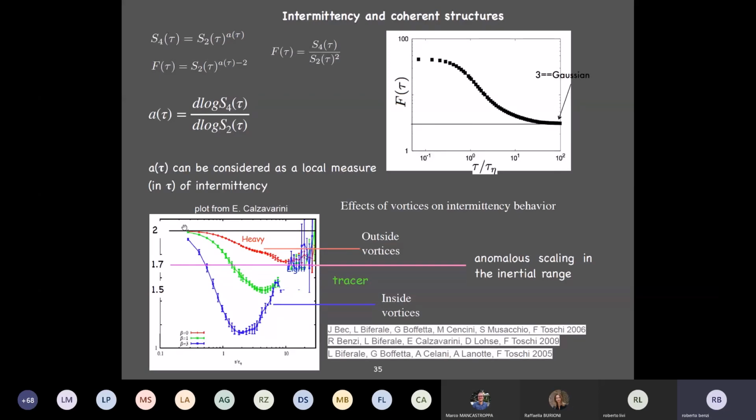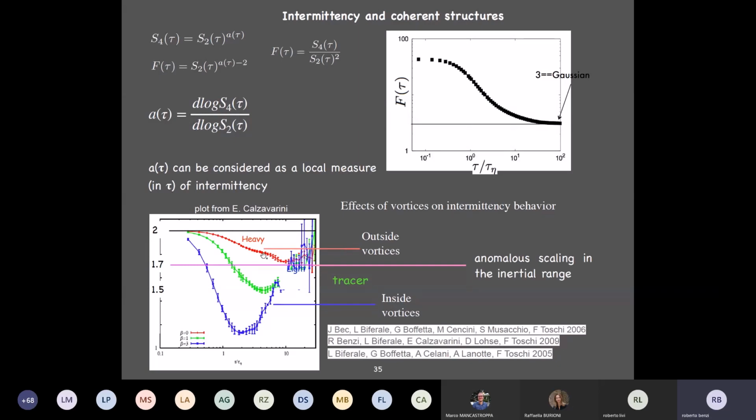Now you can put in the system particles with a density bigger than that of the fluid, heavy particles, and it's known that heavy particles go outside of the vortices. What you observe is that, in fact, this dip here is removed. Then you can put in particles which are lighter. Particles which are lighter go inside the vortex and have a much stronger dip than the tracer.